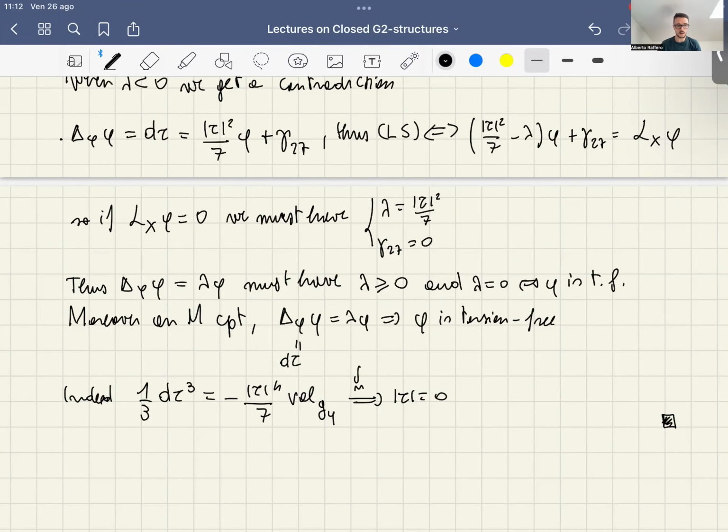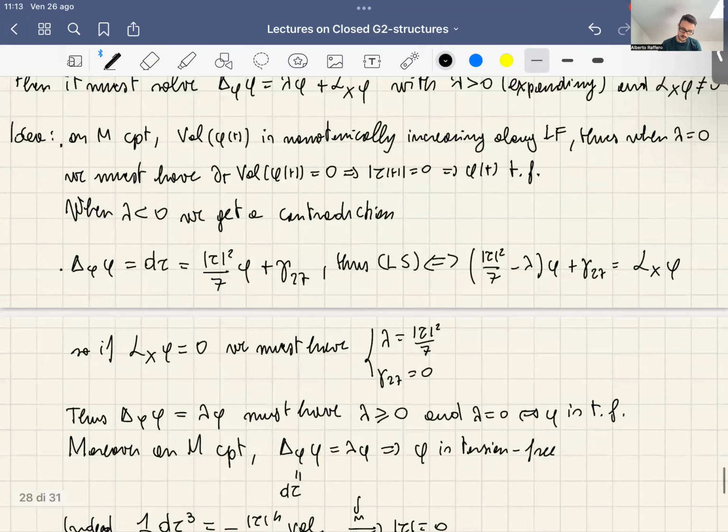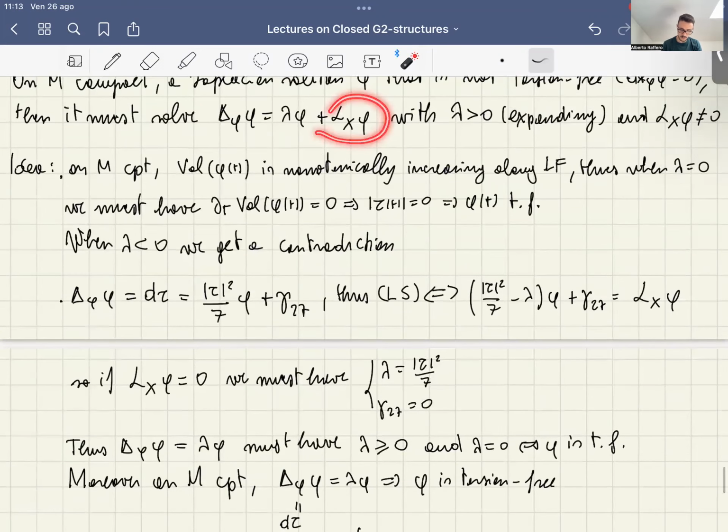So in particular, on a compact manifold, the only Laplacian solitons that one can have are the expanding ones, and moreover, you cannot have this summand equal to 0. So you cannot have neither X equal to 0 nor X an infinitesimal automorphism.